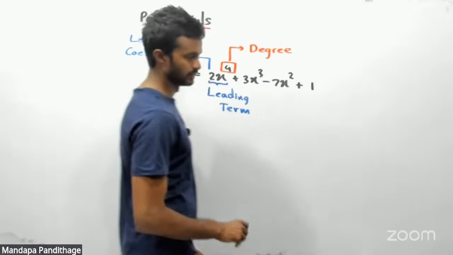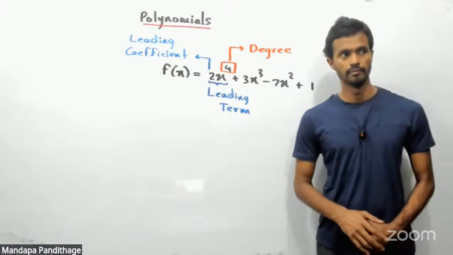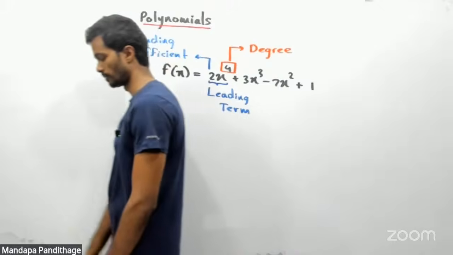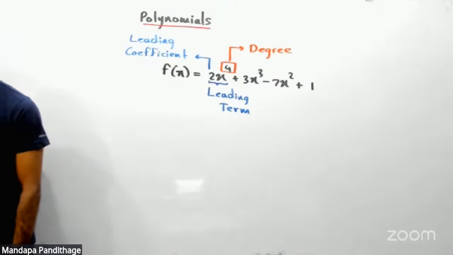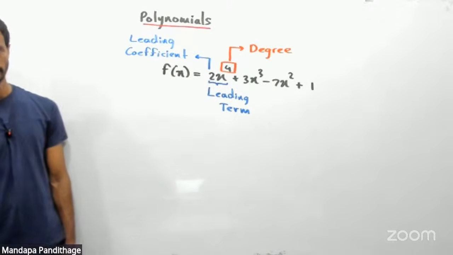Only the word degree in red pen. Is known as the degree of the polynomial.